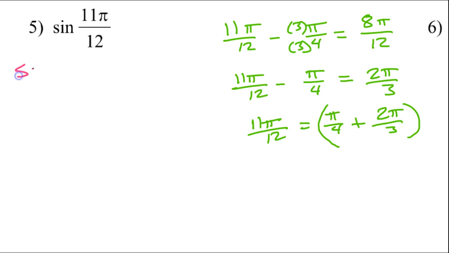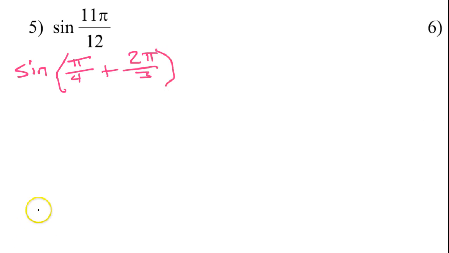So this original problem can be rewritten as the sine of pi over 4 plus 2 pi over 3. And the sine of a sum formula goes sine cosine plus cosine sine.